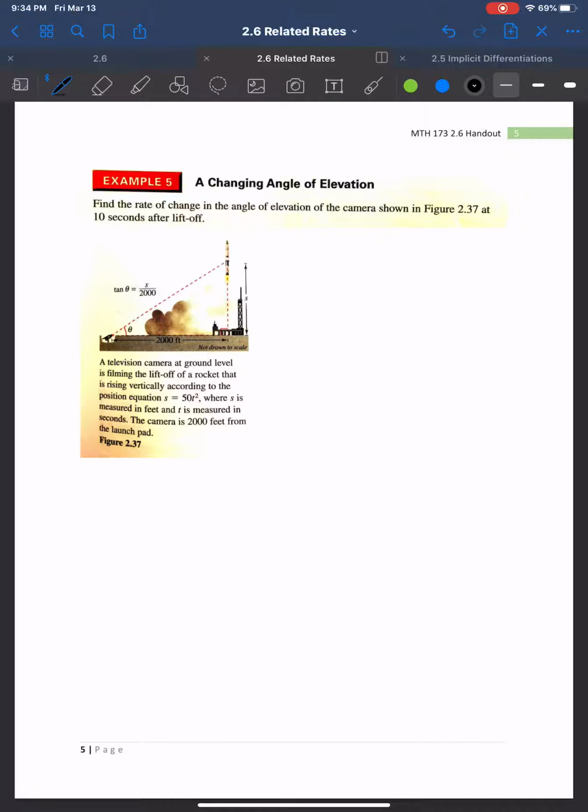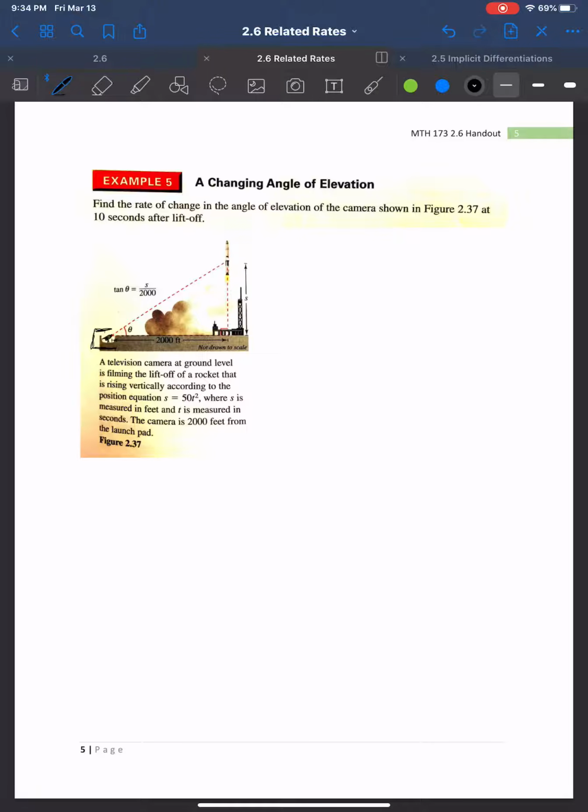Ready? So here is your camera. It's not safe enough to put a person there. So they have a camera installed, and this camera, we want this camera to film the liftoff of the rocket as it rises vertically.